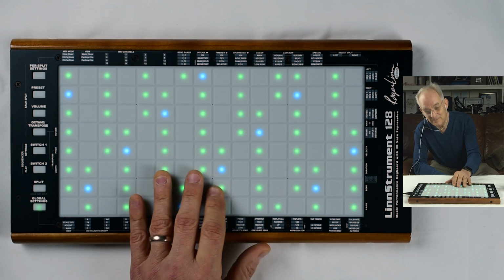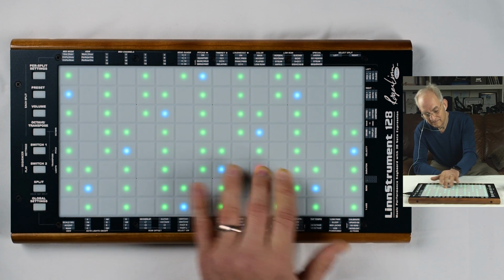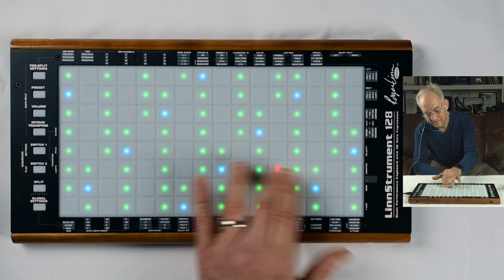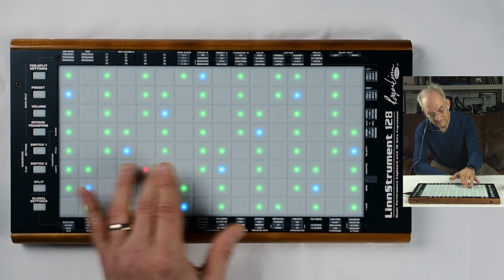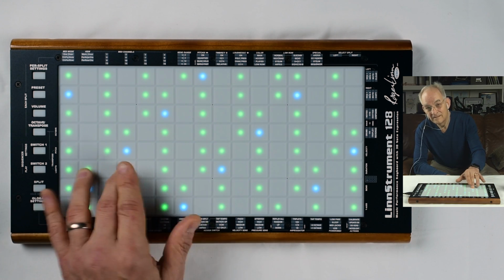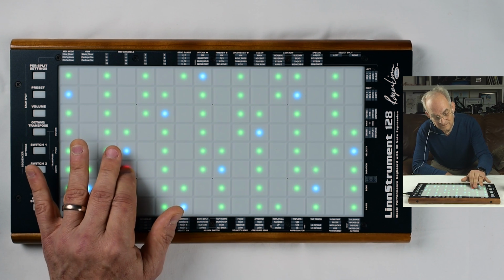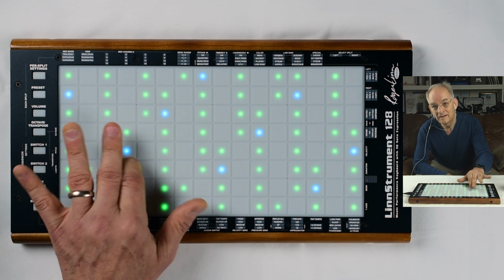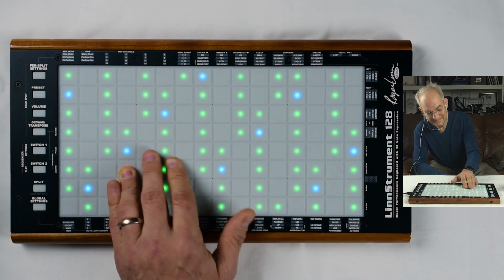Notice that little hammering in the background. But when I tilt forward, I love that sound.